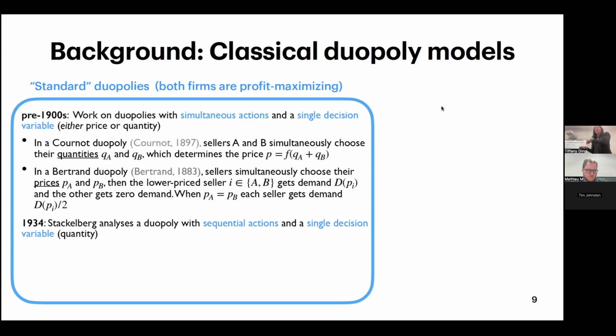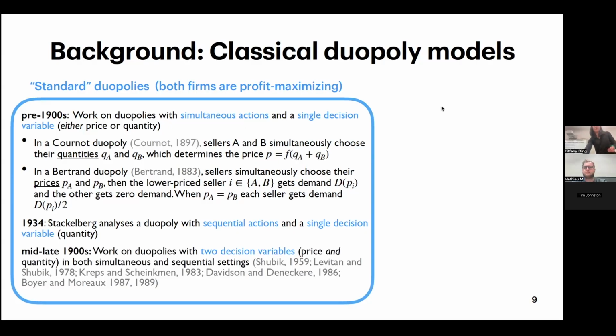Then the other player sees what quantity they've set and then sets their own quantity. Following that, there was work on duopolies with two decision variables, where you model the firms as choosing both their price and their quantity. This was looked at in both simultaneous and sequential settings.